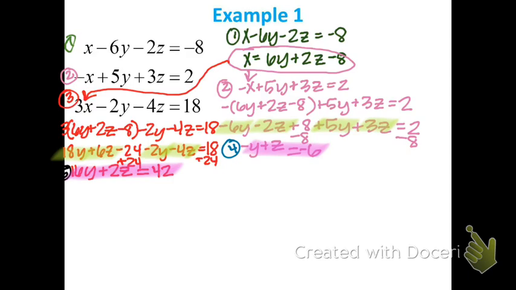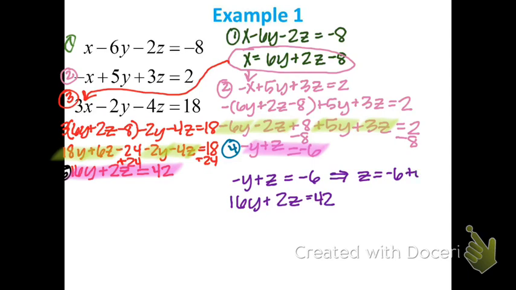I have negative y plus z equals negative 6, and 16y plus 2z equals 42. If I isolate this first equation for z, what do you get? z equals negative 6 plus y.